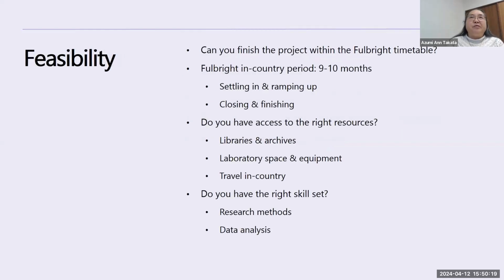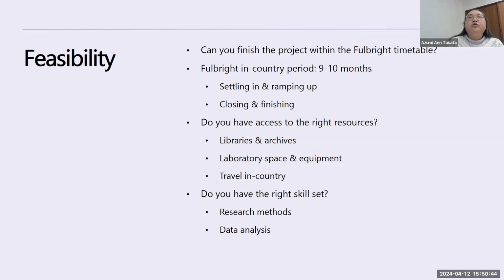Feasibility. This is really an important aspect from Fulbright's perspective in terms of an independent research project. And fundamentally, the question is, can you finish your project within the Fulbright timetable? That's a really big question. So the Fulbright in-country period is about 9 to 10 months.